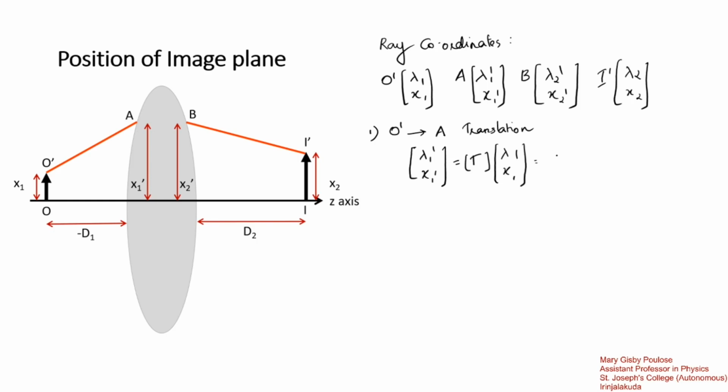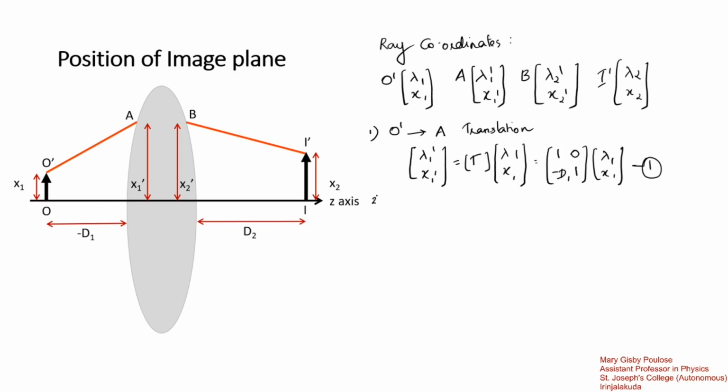That is [1, 0; minus d1, 1], mu becomes 1 because it is placed in air, operating on lambda 1, x1. Let this be the first equation.